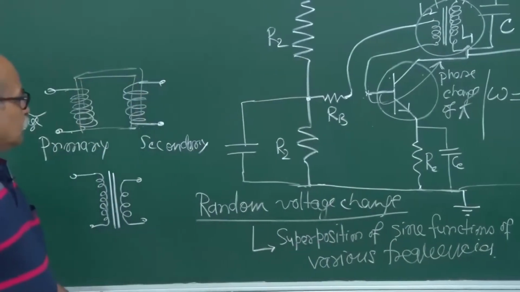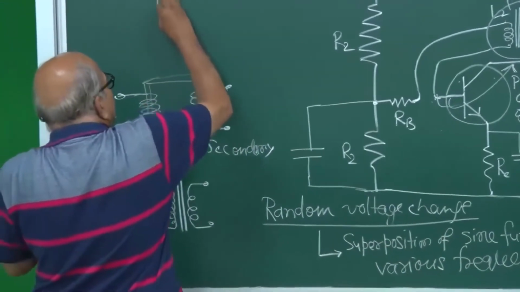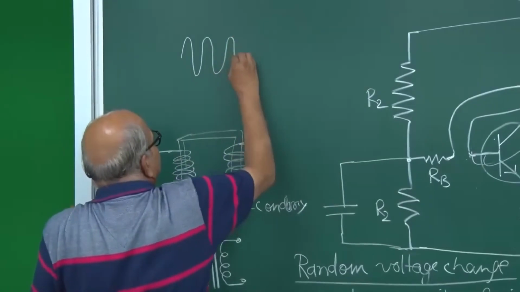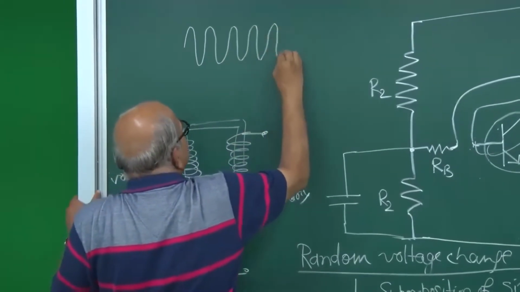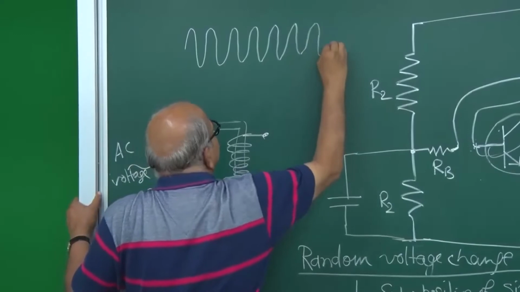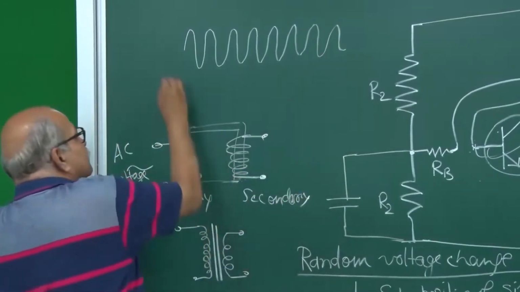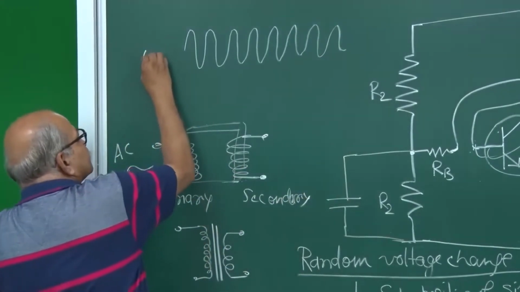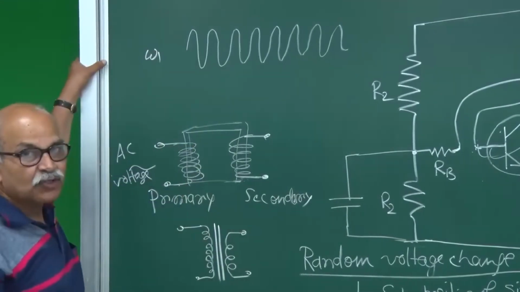Say a sine wave is just like this, or a sine function is just like this. It has a definite frequency, let us say angular frequency omega 1.